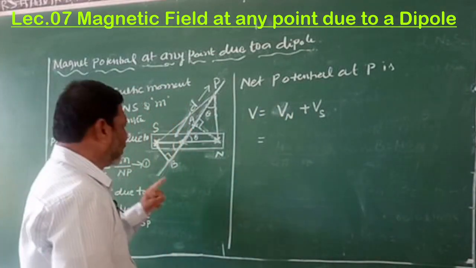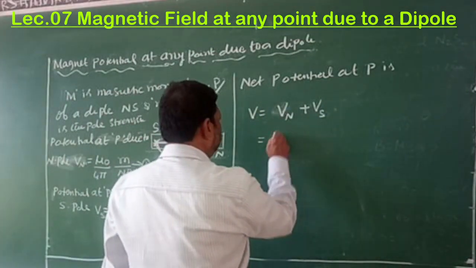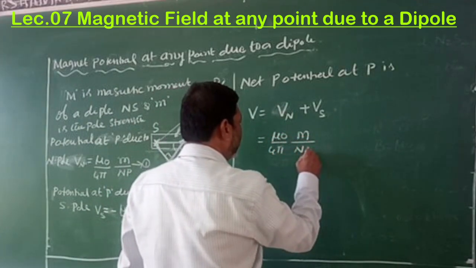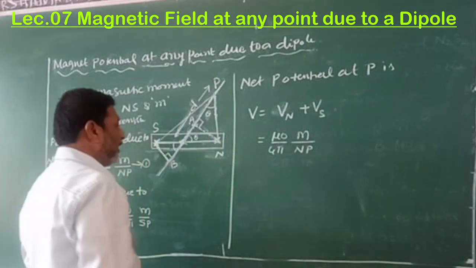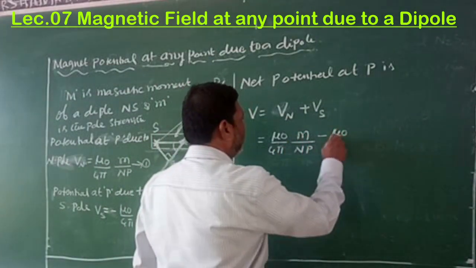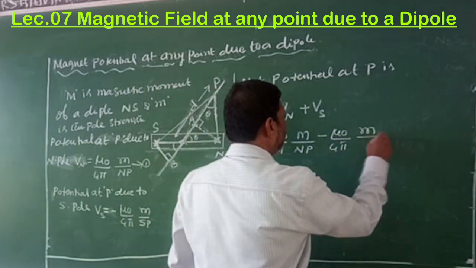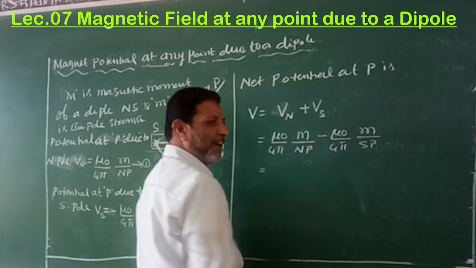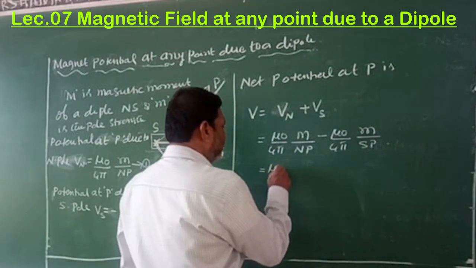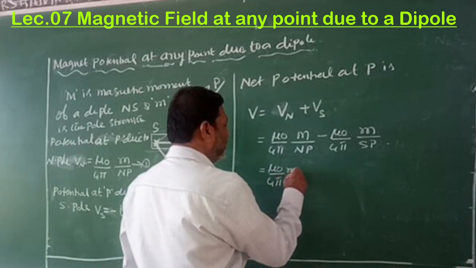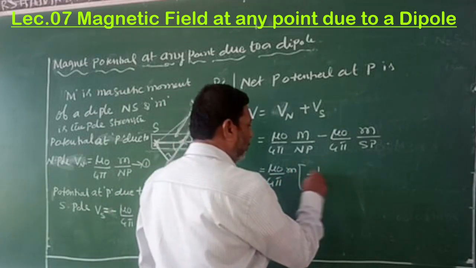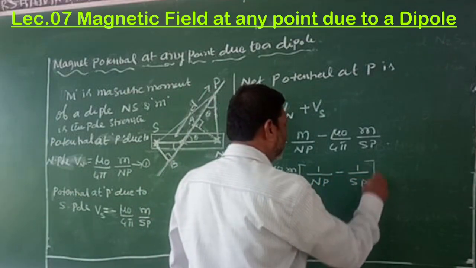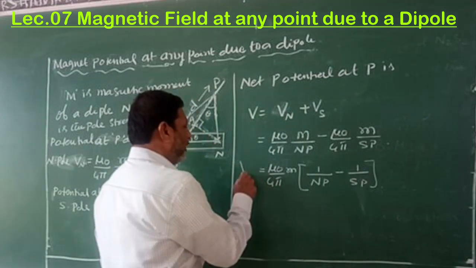Potential due to the north pole is mu naught divided by 4 pi m divided by NP, whereas potential due to the south pole is minus mu naught divided by 4 pi m divided by SP. Taking common factors out, mu naught divided by 4 pi m is a constant, times 1 divided by NP minus 1 divided by SP. This is the net potential V.